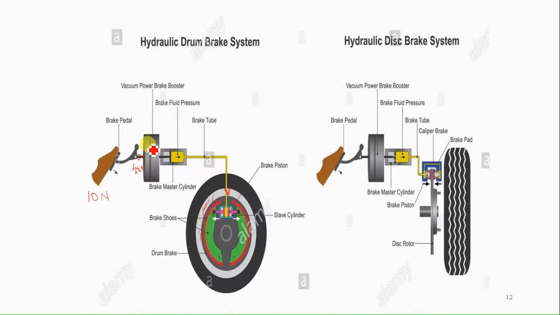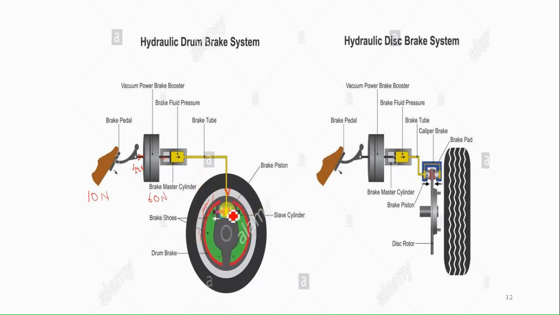Now if this is the vacuum booster, and this vacuum booster further adds to these efforts, let us suppose it adds 60 newtons of force. So ultimately 100 newtons of force will act on the piston of the master cylinder, and that force will pressurize the fluid, and that pressurized fluid provides the braking action to this drum brake.